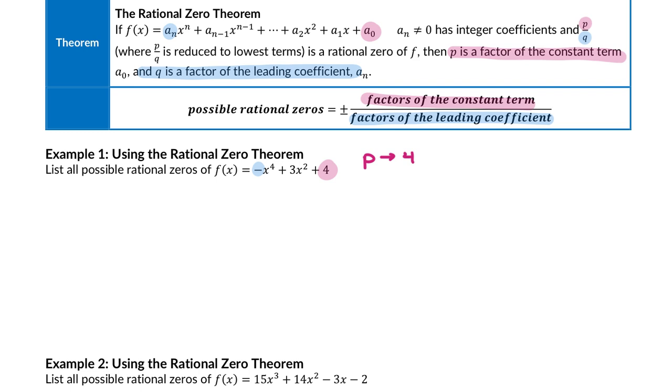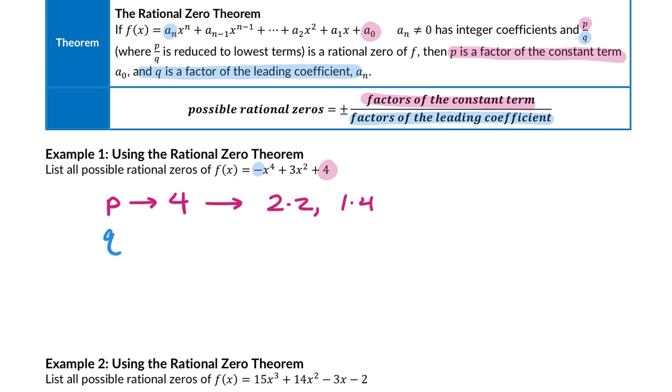What are the numbers that multiply to 4? 2 and 2 totally works. What else? And then 4 times 1. Every single one of those numbers, 2, 1, and 4, we're going to use as a value for p.